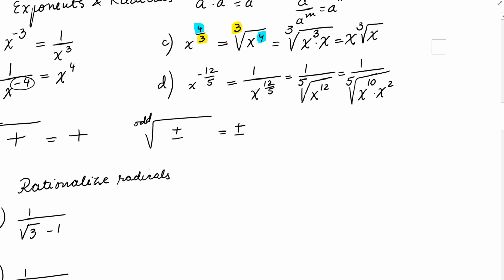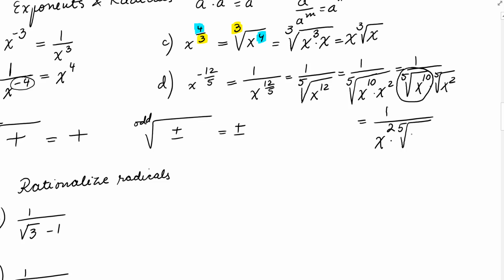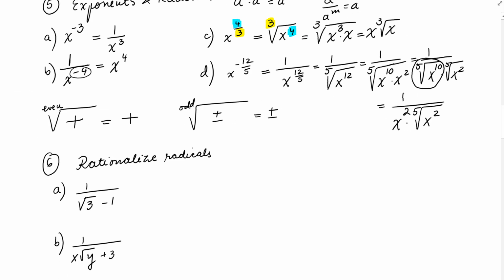Let me write that again. 1 over the 5th root of x to the 10 times the 5th root of x to the second. So 1 over the 5th root of x to the 10 is actually x to the 10 over 5, which is 2, times the 5th root of x to the second. So this would be written as a radical.